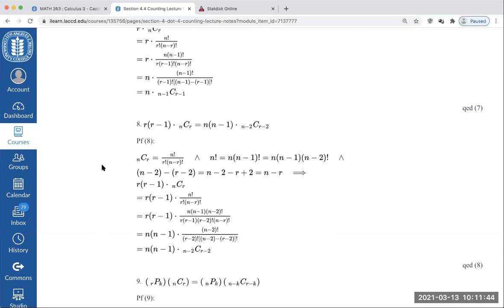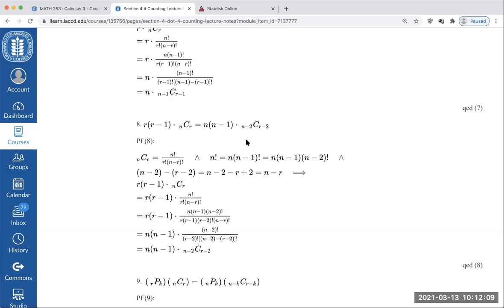So nCr is n factorial over r factorial n minus r factorial. We'll use the recursive definition of factorial to write n factorial as n times n minus 1 factorial. But n minus 1 factorial is n minus 1 times n minus 2 factorial. So I'll rewrite n factorial as n times n minus 1 times n minus 2 factorial.